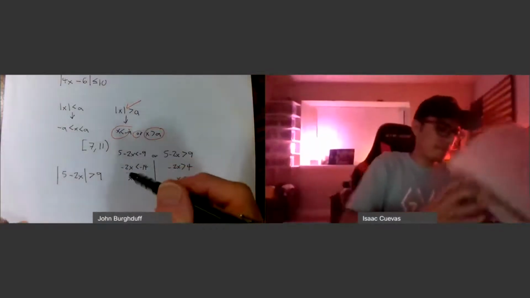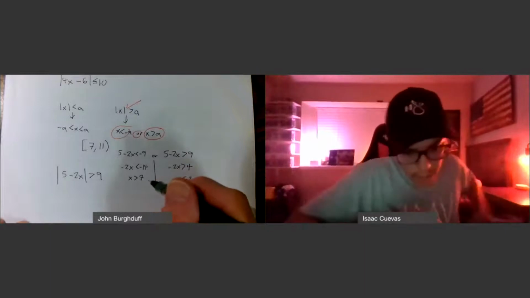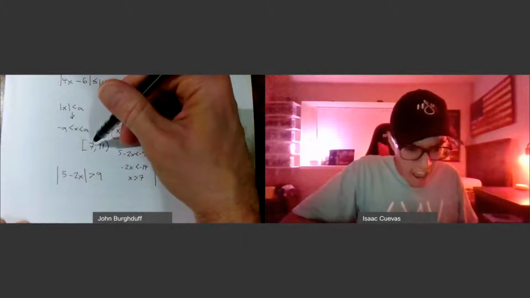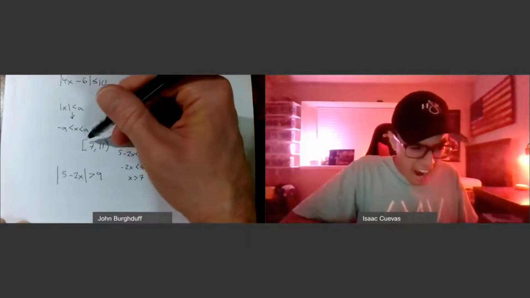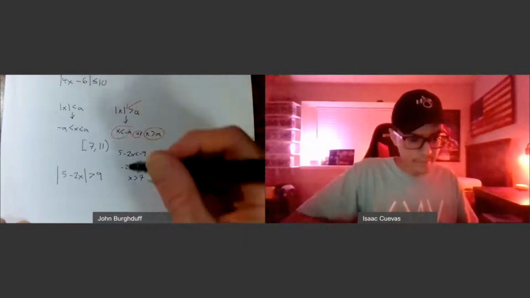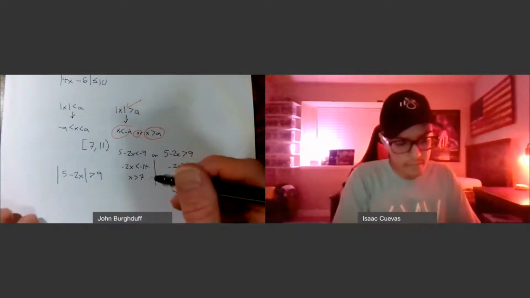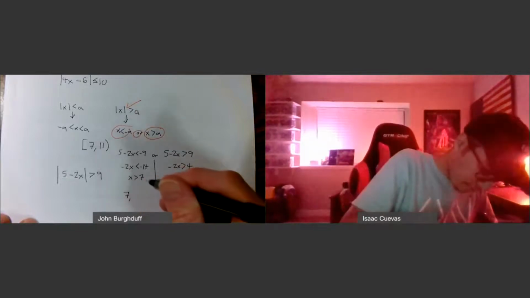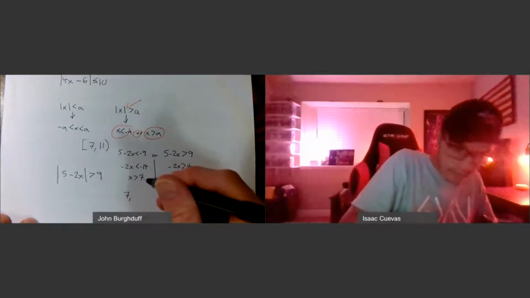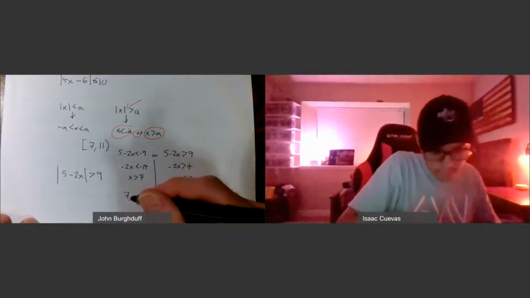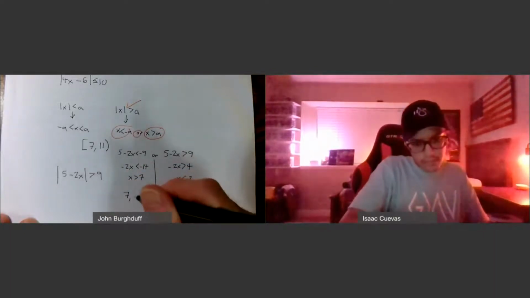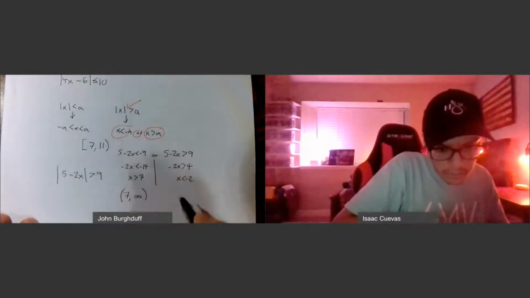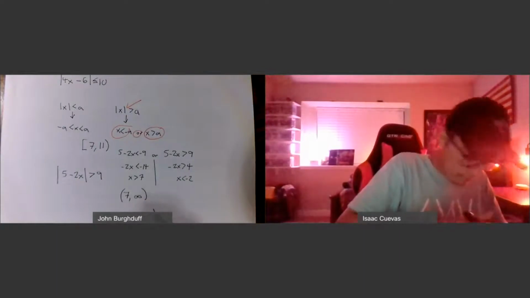The interval notation for x greater than 7: an interval notation will always have just 2 numbers between brackets or parentheses, a leftmost number and a rightmost number. When you have all the values of x greater than 7, that would mean the smallest of your numbers is 7, and they keep on getting bigger and bigger until you go off towards infinity. So that first interval, you'd write as 7 to infinity.